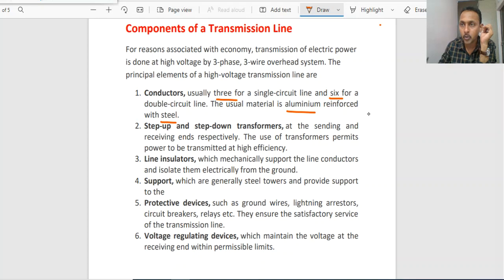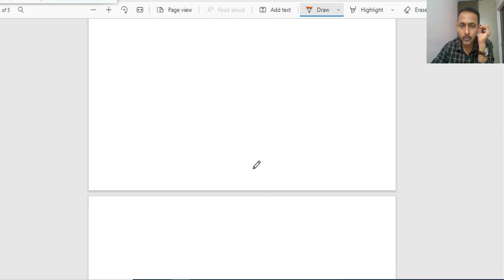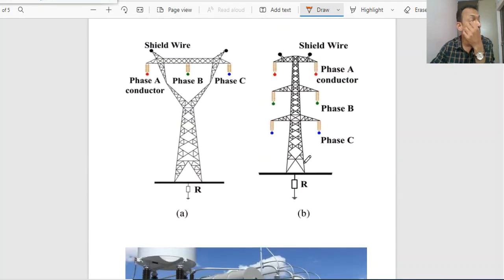It looks like this. For example, you might have seen, while traveling to different places at the outskirts of cities, by railways or road, these towers.